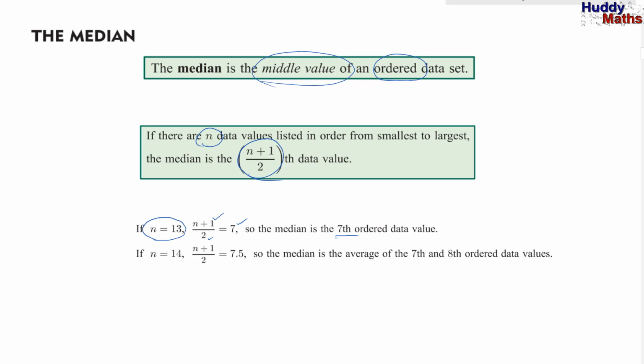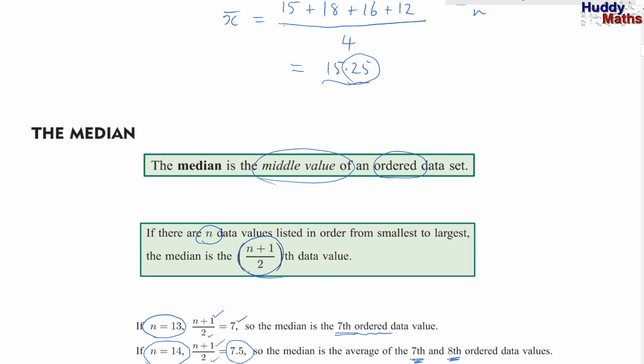So the 7th score in that set of data put in order, remember we're putting them in order from smallest to largest, is the median. If n is 14, it gets a little bit tricky because 14 plus 1 is 15 over 2 is 7.5. So it's the average of the 7th and the 8th ordered data values.